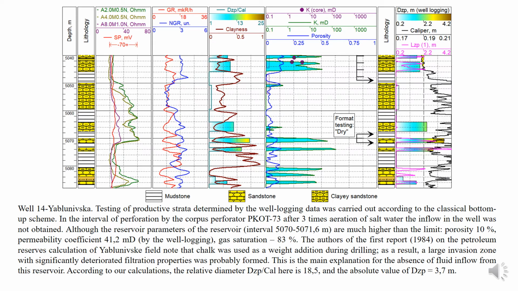As a result, a large invasion zone with significantly deteriorated filtration properties was probably formed. According to our calculations, the absolute value of invasion zone diameter is equal to 3.77 meters.